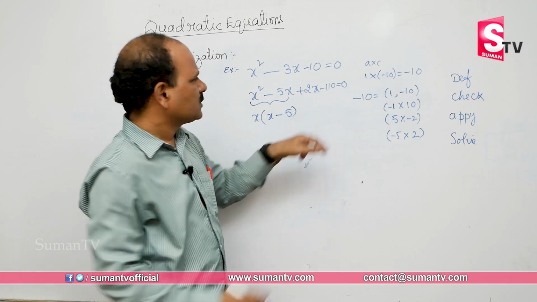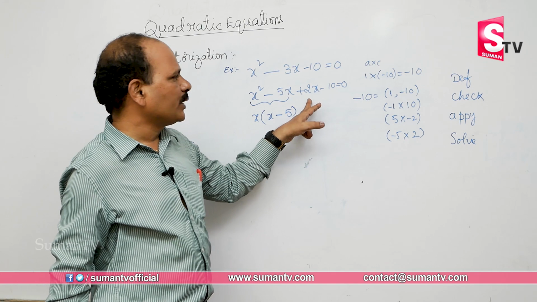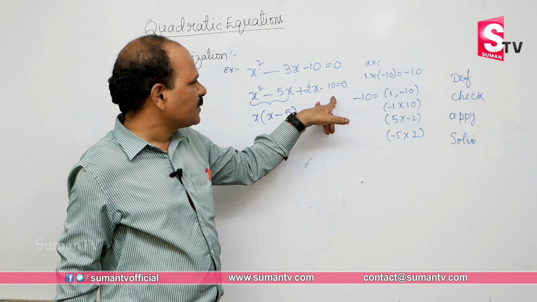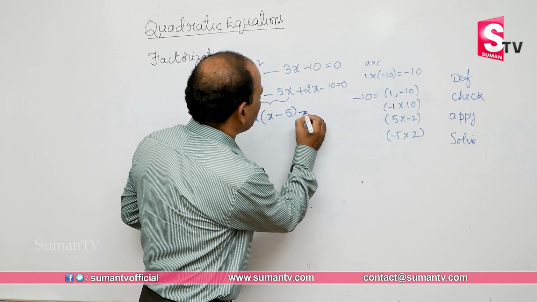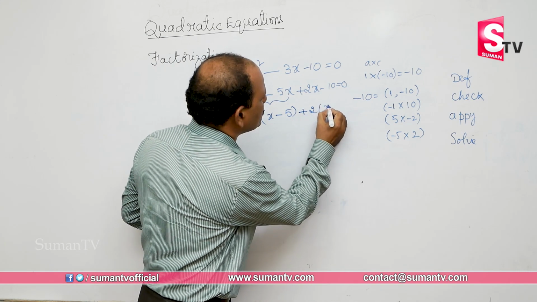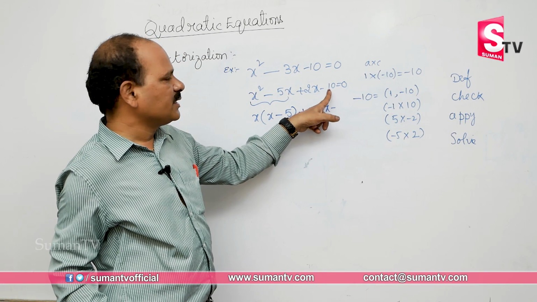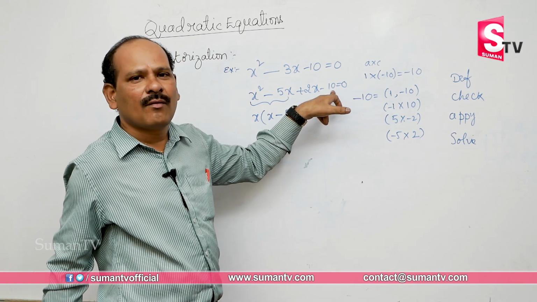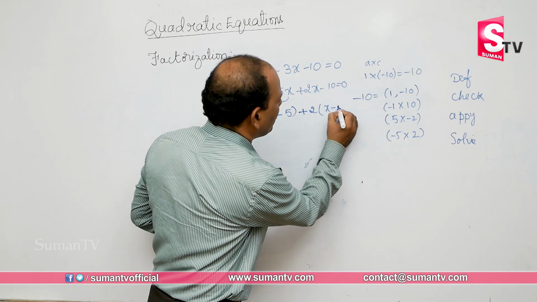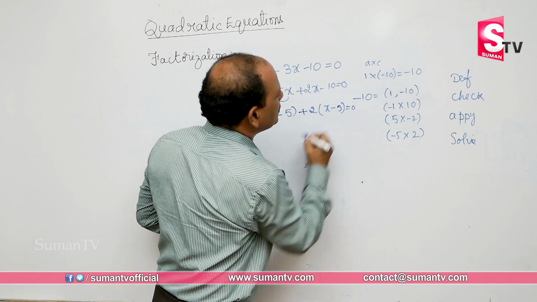From these two, 2x minus 10, I can take common 2. So I am taking plus 2 as the common. From this 10 also 2 went common, so the remaining term is 5, minus 5 is equal to 0.